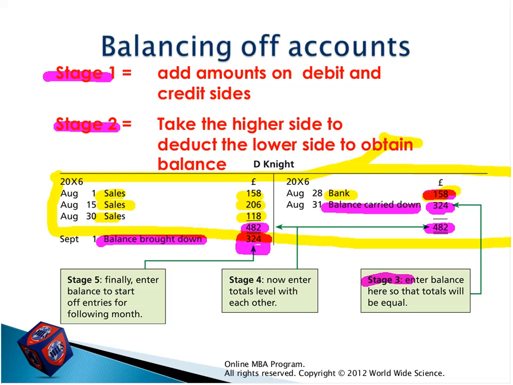So why this happens like this? For example, as you can see, in the bank we have not enough money, right? In the sales we have some money. So we have a sales, a lot of money for 482. We sold the products. But in the bank, as the cash, we have only 158. That means this here could happen when we sell the products on credit, right?